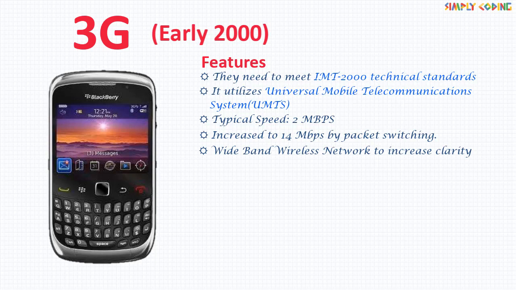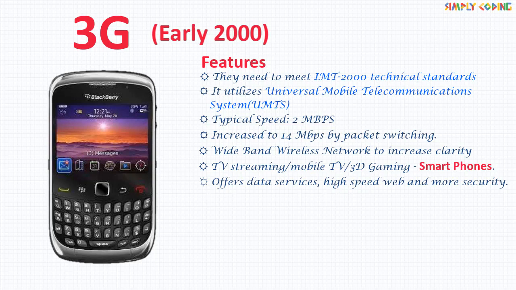It used a wideband wireless network with which clarity is increased. It allowed TV streaming, mobile TV, 3D gaming, so 3G phones were called smartphones. It also offered data services, high-speed web, and more security. It could be used for high-speed internet service, video chatting, etc.